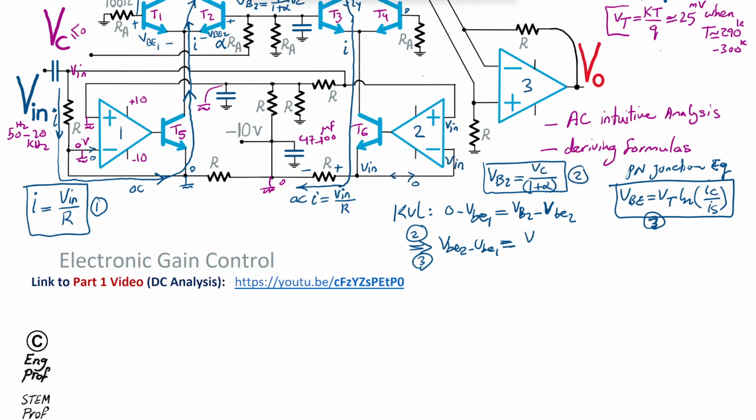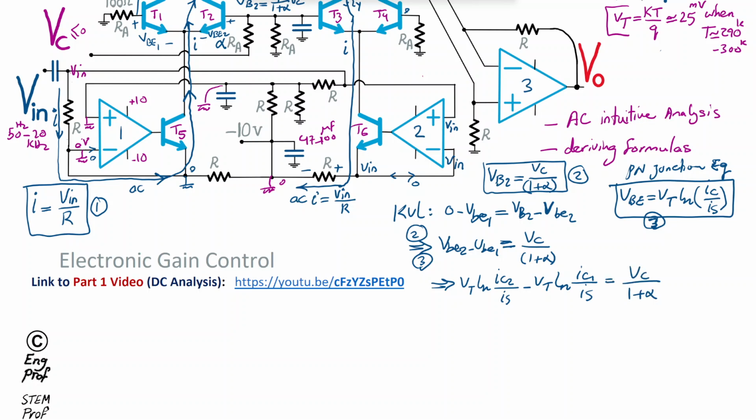So I'm going to substitute here for the voltage of base as VC over 1 plus alpha. And then using equation 3, these two, VBE2 minus VBE1, becomes VT natural log of the current of transistor 2 divided by saturation current, minus VT natural log of IC1 divided by IS, equal to VC over 1 plus alpha.